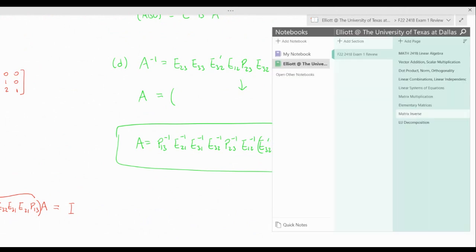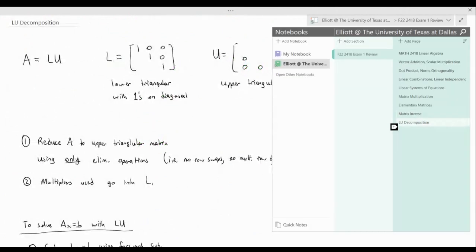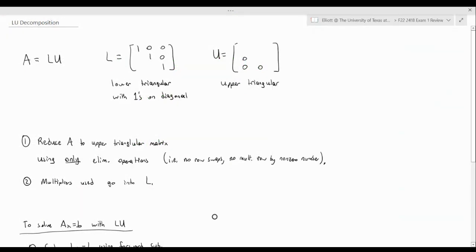Okay. So there's just a little bit of time left, so I'll try to quickly end with the LU decomposition, all right?